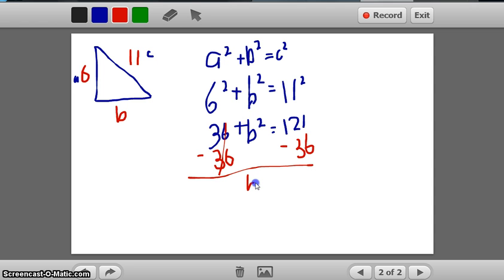On the left side, you're left with B squared, and that will equal 64. Last unit, we learned to get rid of the square symbol. You have to take the square root of it. The square root of B squared is B, and the square root of 64 is 8.